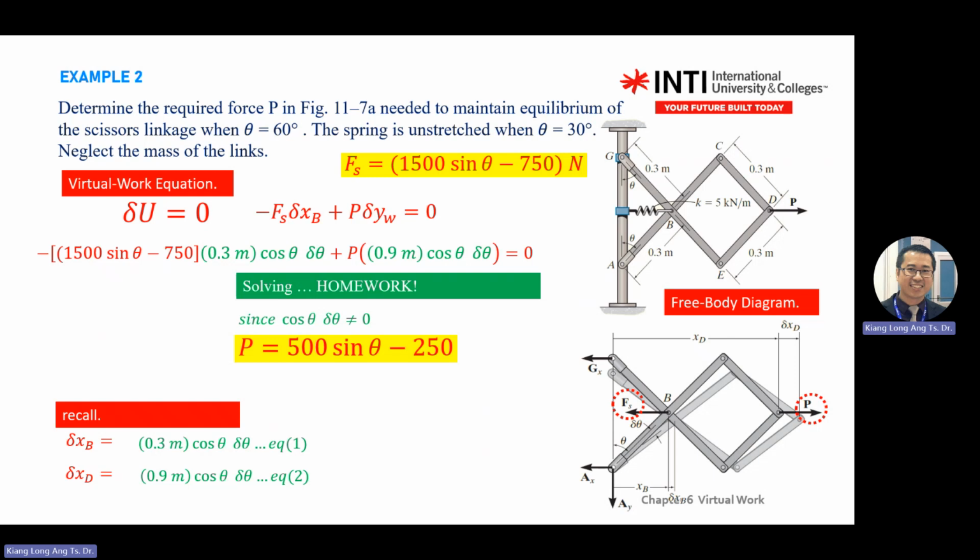Again, don't substitute 60 inside there first. Then only you substitute. Why don't we want to substitute 60 early? Because when you press the calculator, you may accidentally drop some of the values. Try to avoid careless mistakes.